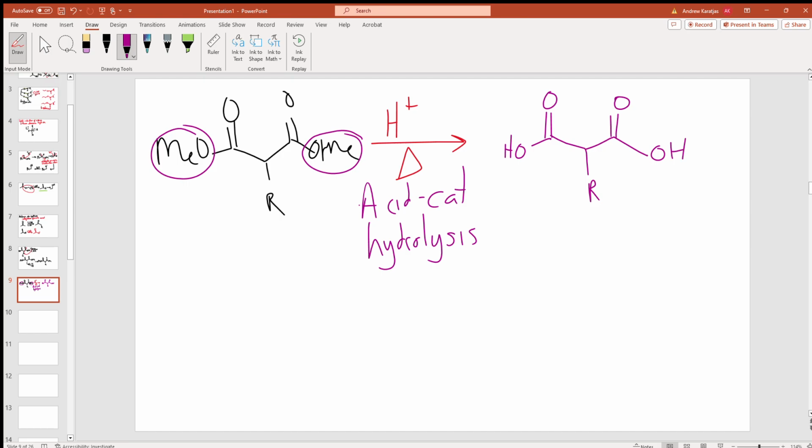Now for my next drawing, nothing is happening in terms of the reaction here. All I'm going to do is sort of manipulate the way that this is drawn. And we'll see why I do that in a minute. So if you look carefully at the way I've drawn this, and really what I did here was I took this carbon-carbon bond and rotated it.